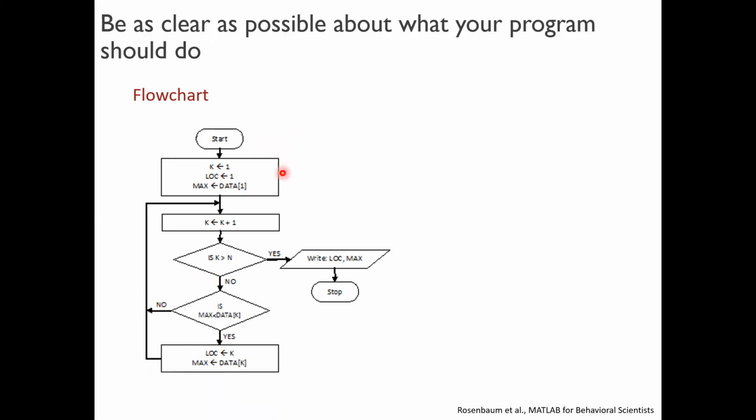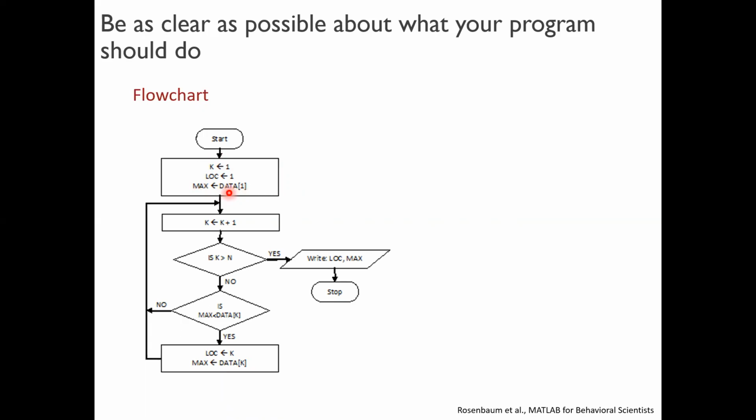First, we have this initialization block here, where we're going to keep a counter, that's k, and another variable called LOC, or you can think about this as location. Where are you in the list of numbers? And then we're going to initialize this variable max as the first value in my data set. Again, imagine you have a list of numbers and you're looking for the max.